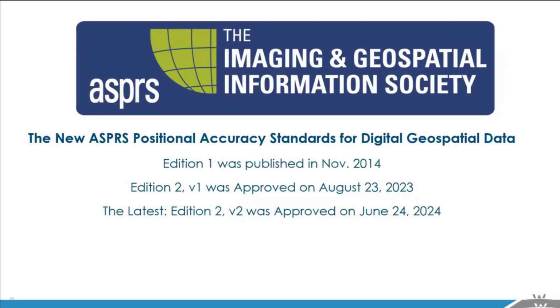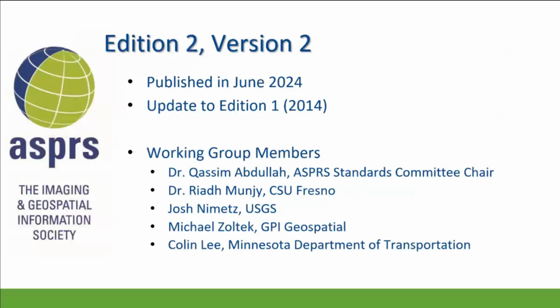That's the first standard in the world solely published for the digital workflow and digital products from LiDAR and digital camera. And we followed it last year. We produced edition 2, version 1, and this year in June, we published the latest and the greatest, which is edition 2, version 2.